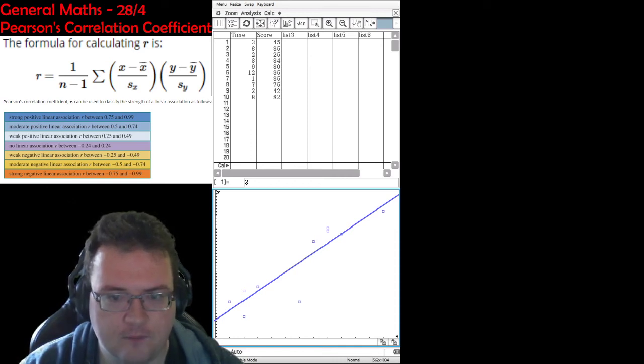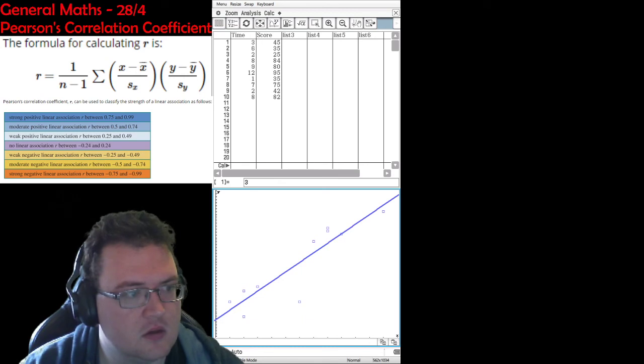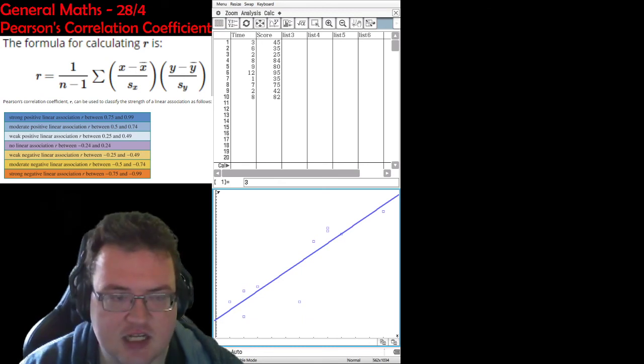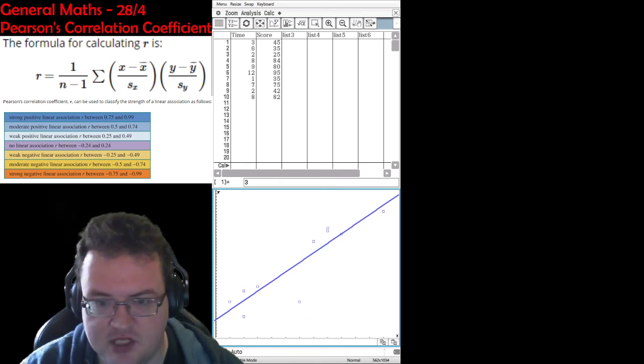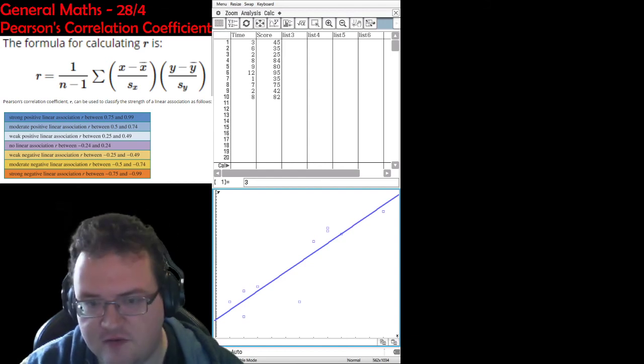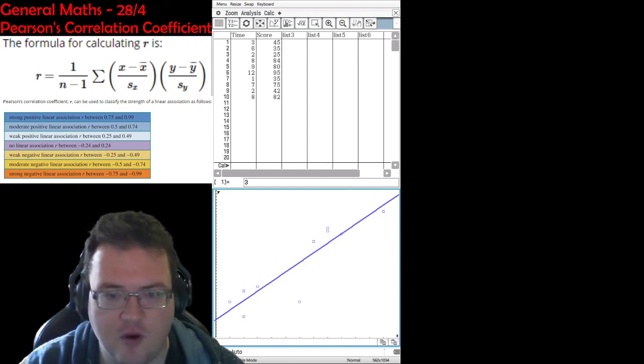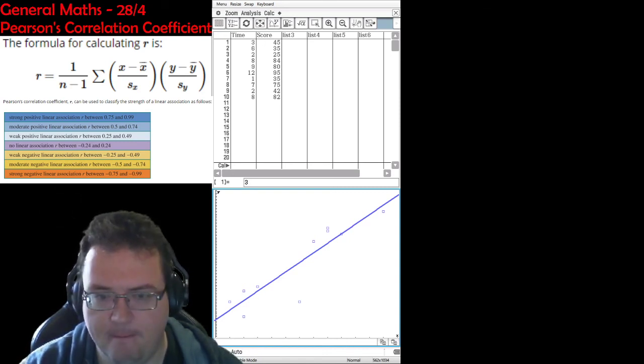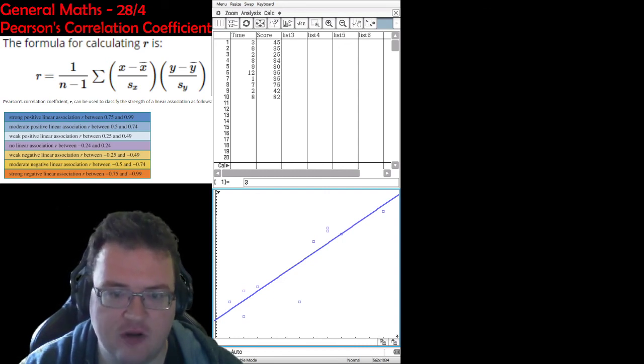All right. So you're going to get a bunch of different data sets. You're going to put them into list 1, list 2, rename it if necessary, and you are then going to calculate the regression and find the R value. And then make decisions about how strong that relationship is.